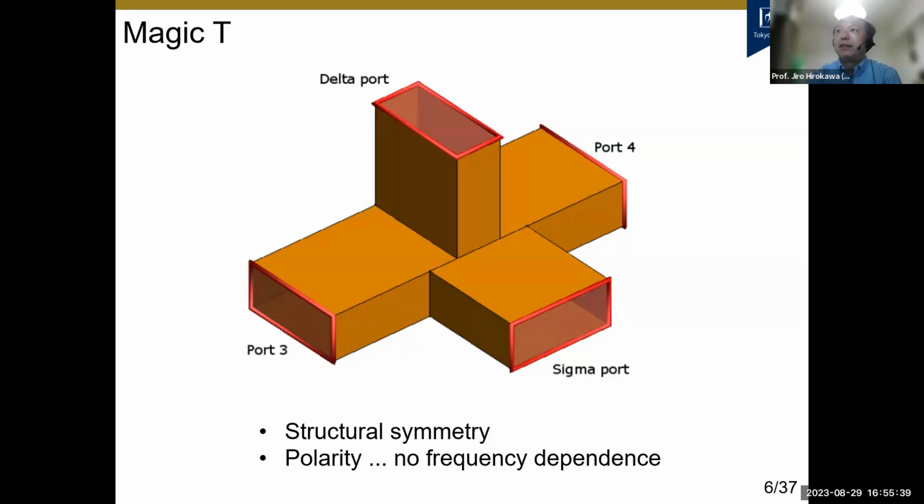And between the sigma port and delta port, we have high isolation, considering the field distribution. More detail about the operation of the magic T can be found in a microwave textbook.